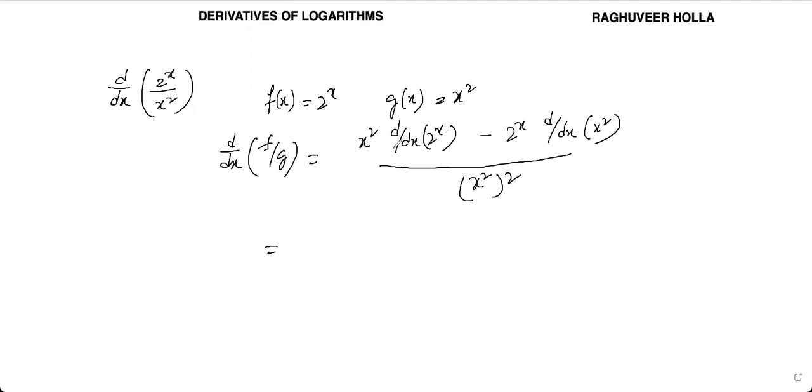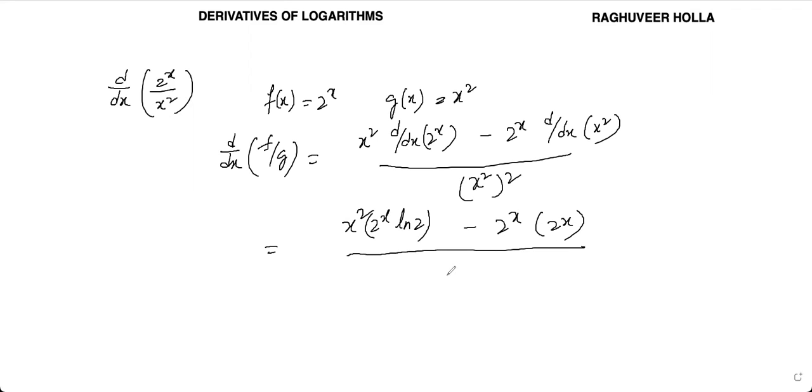Now differentiation of 2 to the power of x is 2 to the power of x ln 2, okay, x squared multiplied. This is 2 to the power of x and this is 2x divided by x to the power of 4.